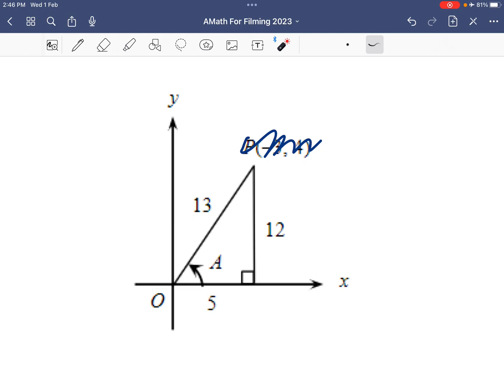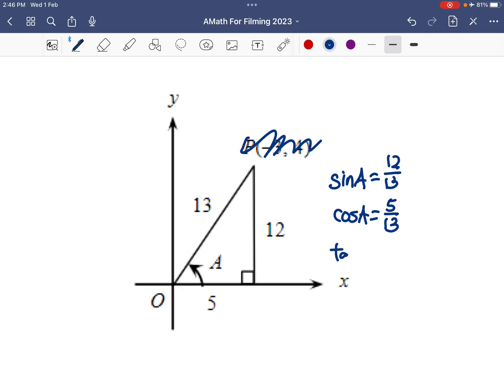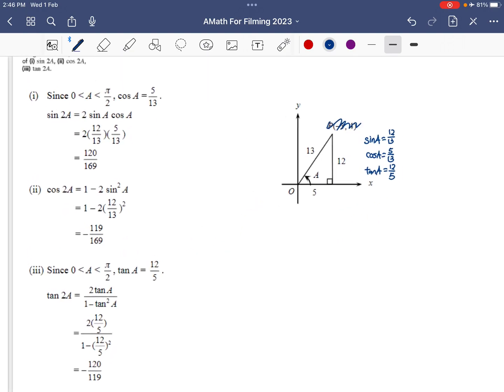Notice that this side will be +5. So from this diagram, you will find that sine A is 12/13, cosine A is 5/13, and tangent A is opposite over adjacent, 12/5.